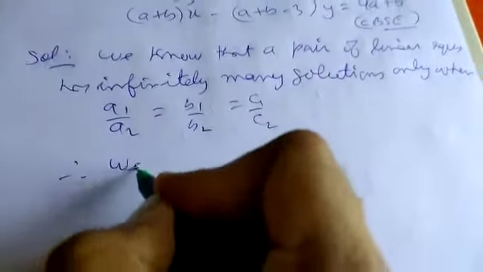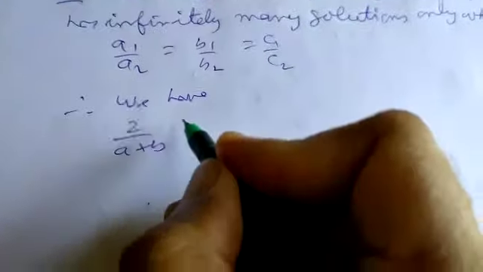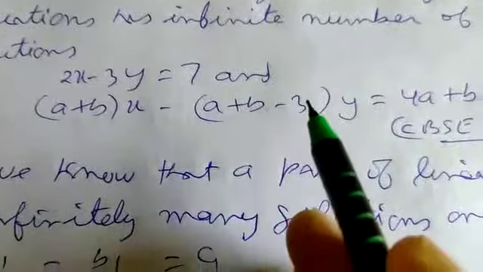Therefore we have here a1 by a2 is 2 over a plus b, because they are the coefficients of x in both equation 1 and 2, equal to b1 by b2. So minus 3 is b1 and minus of (a plus b minus 3) is b2.